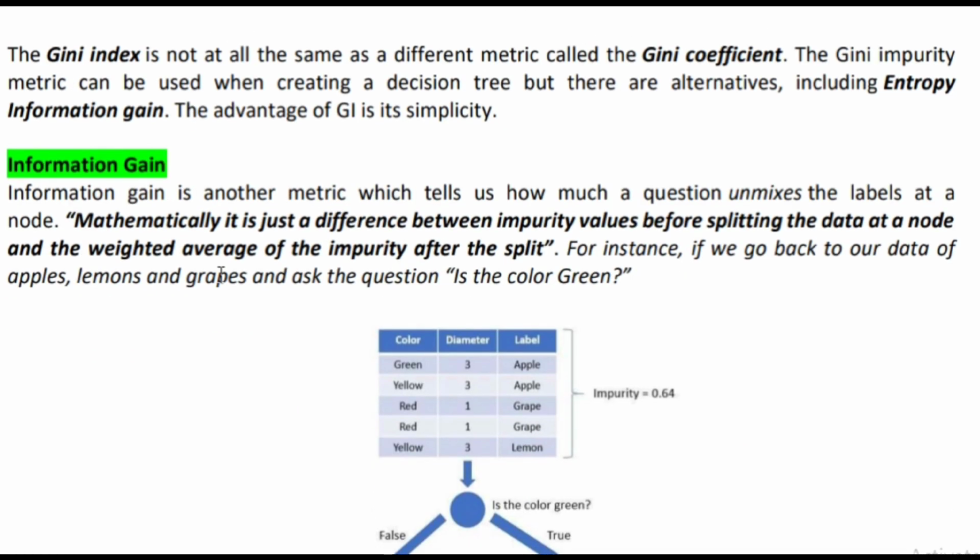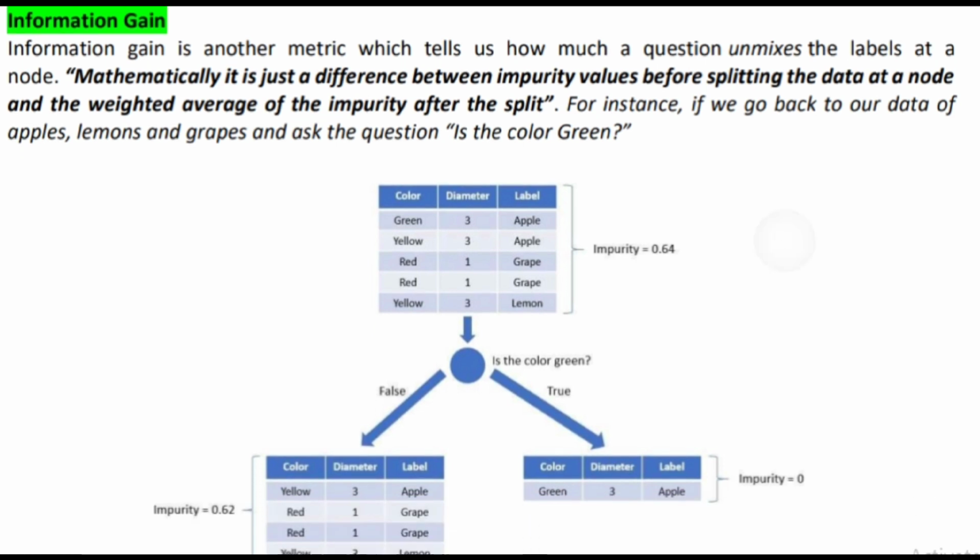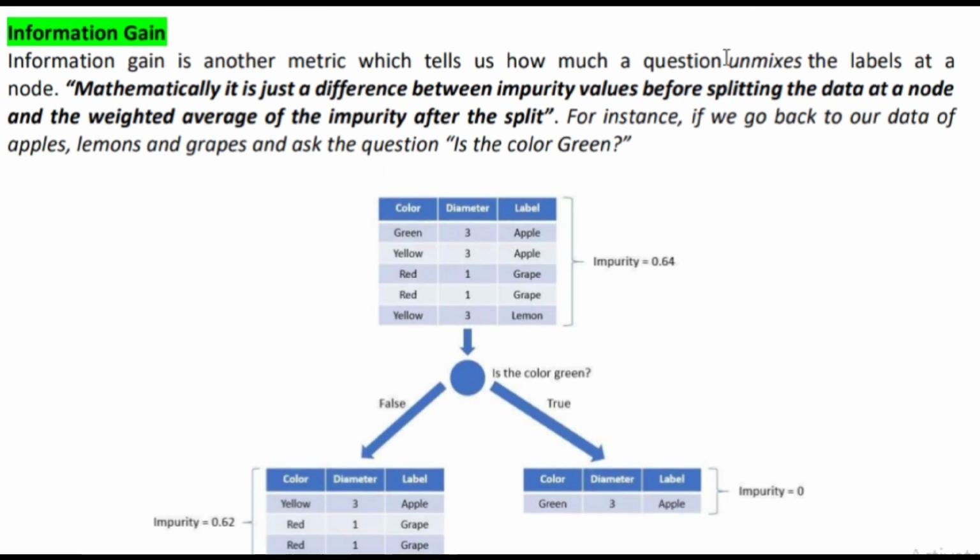Information gain is another metric which tells us how much a question unmixes the labels at a node. Mathematically, it is just the difference between the impurity value before splitting the data at a node and the weighted average of impurity after the split. For instance, if we go back to our data of apples, lemons, and grapes and ask the question, is the color green, true or false?